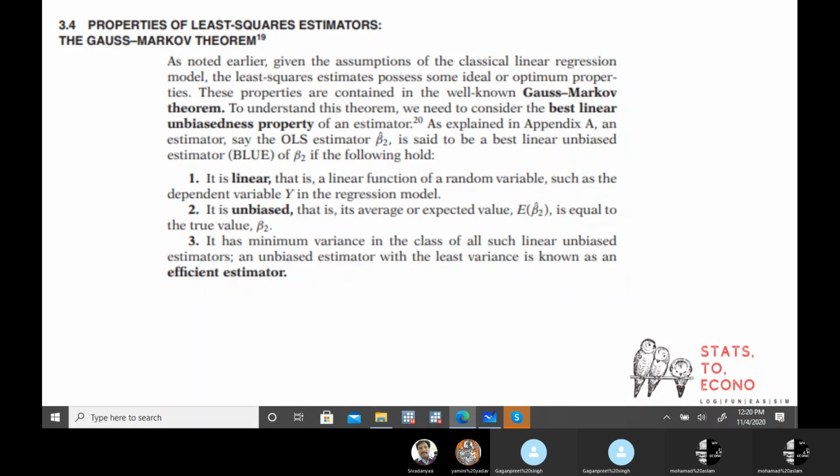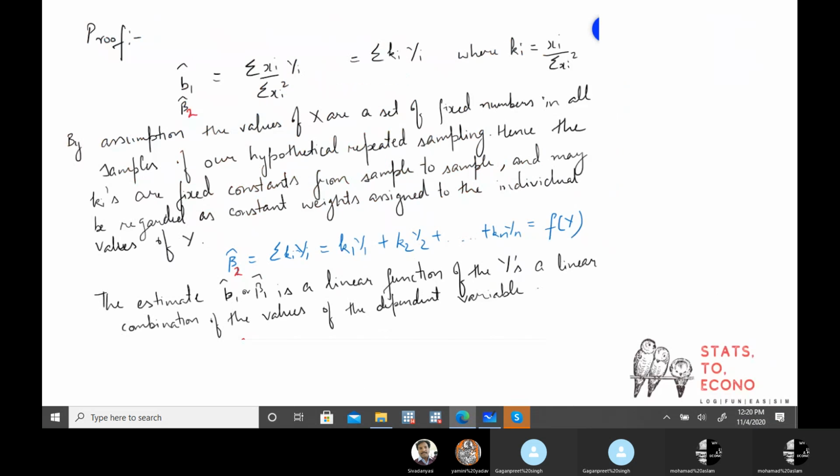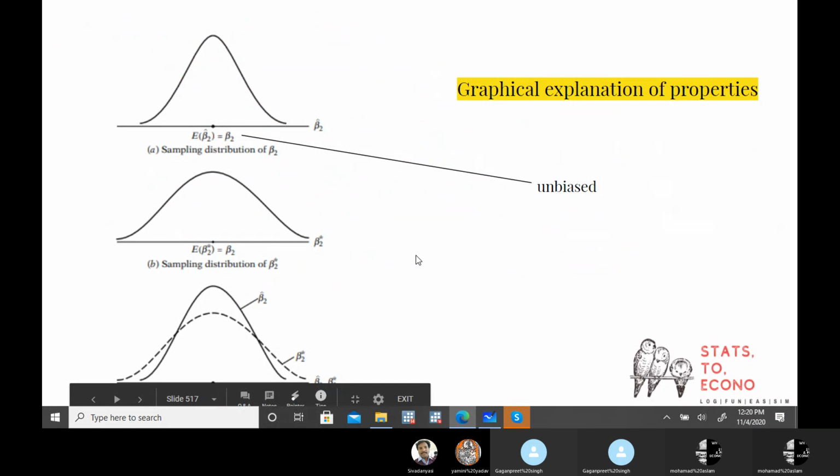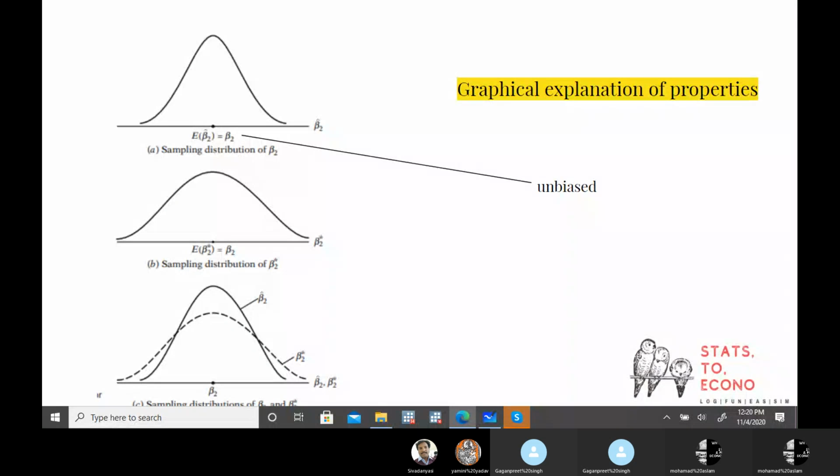For the minimum variance case, let's suppose you have two different estimates from two different methods. One is from the OLS method and another from any other method.